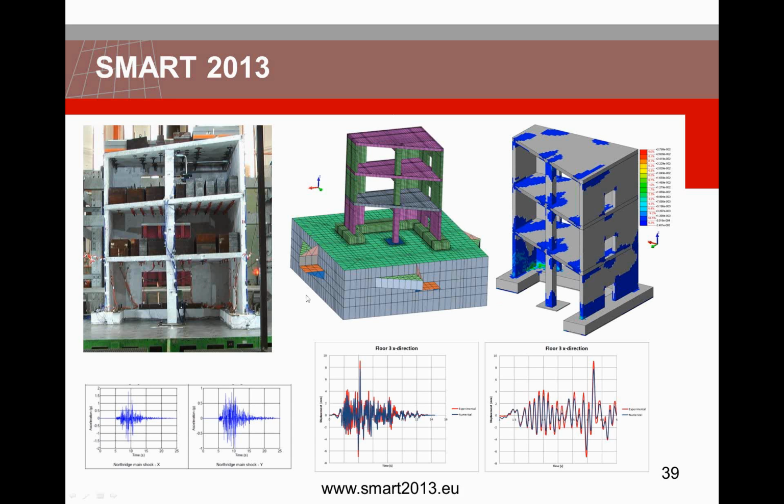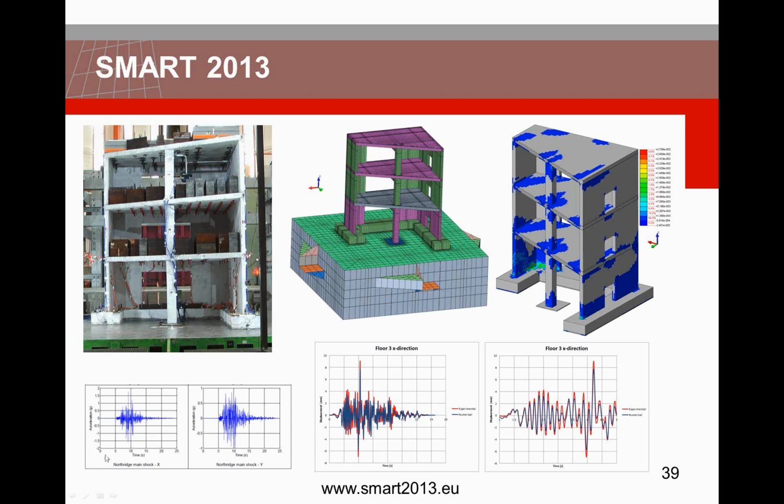For the DIANA model, we chose to model the shaking table and the reinforced concrete structure. The reinforced concrete structure is modeled with solid elements with nearly 1,300 reinforcement bars. The shaking table is modeled with curved shell elements, and there were four actuators horizontally and four vertically.